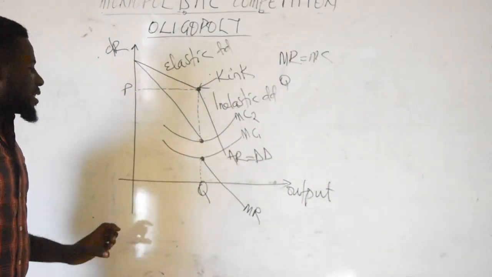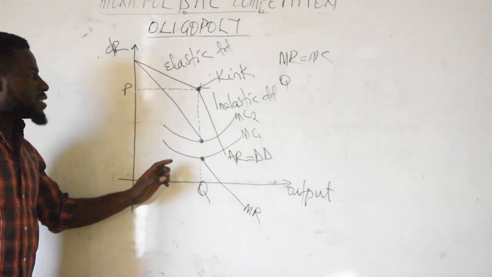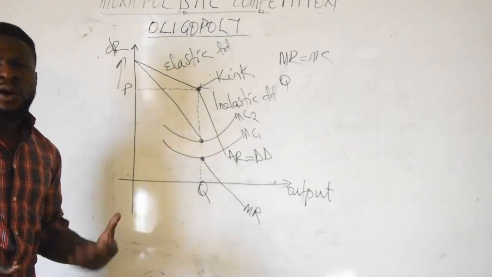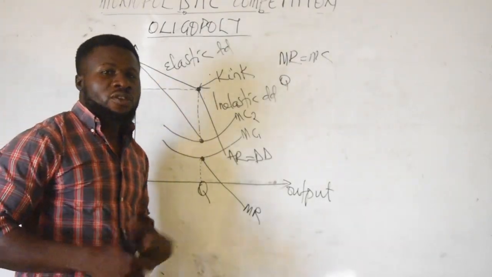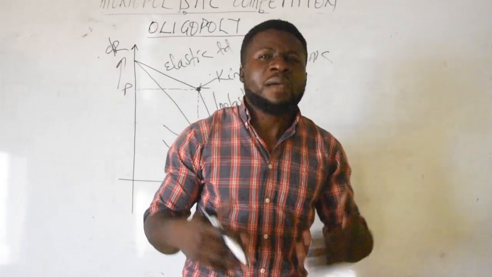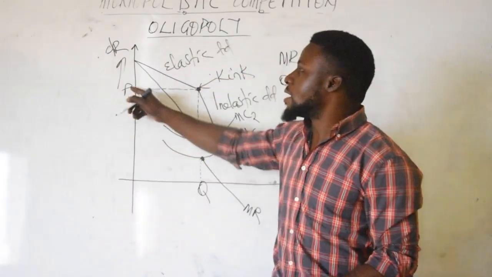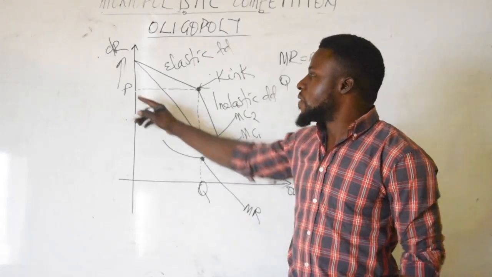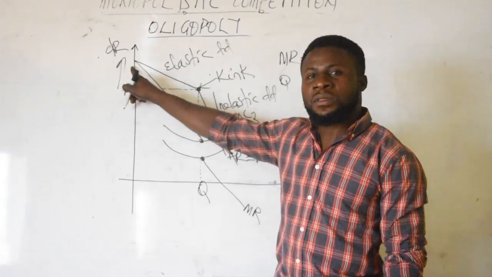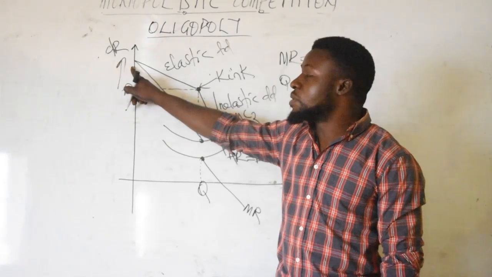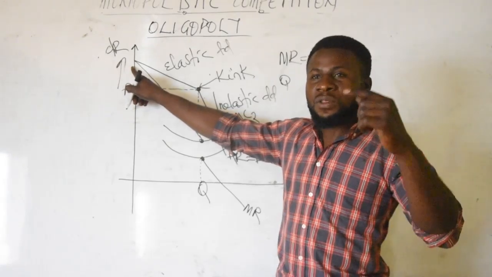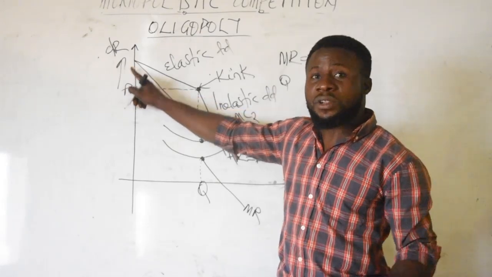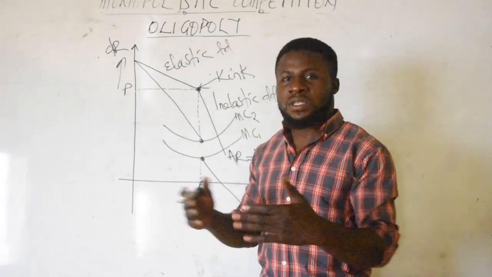Now, why is it that this firm will be reluctant to increase its price above P? Why do firms under oligopoly not want to raise their prices? Why may a firm under oligopoly not desire to raise its price above the point of kink? First, if a firm raises its price above P, its product will be seen to be more expensive, since those who are producing the same commodity, that is his rivals, will not raise theirs, so he will lose clients.